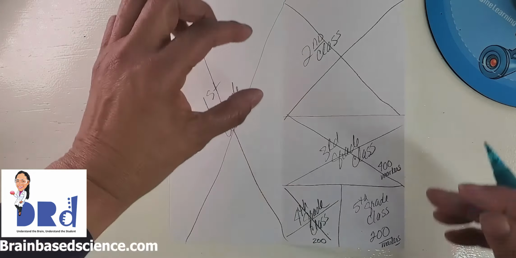So this is 800 markers. And since there's 800 markers here and 800 markers here, and this here is the same size as this, this must be 1,600 markers. 800 plus 800.